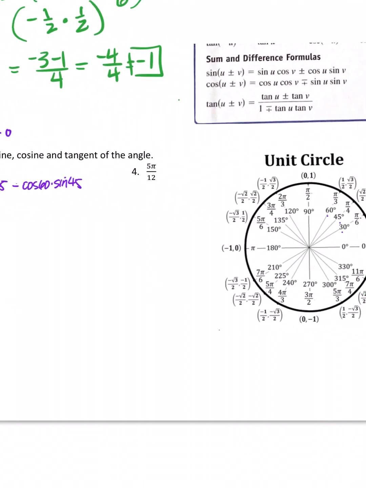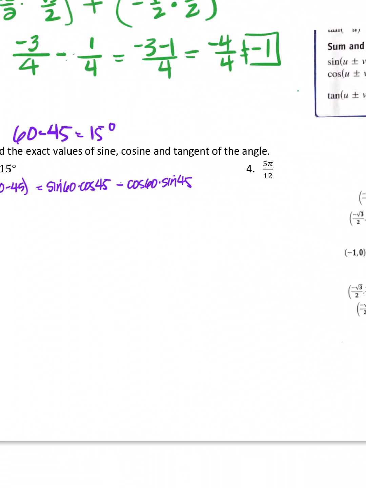So the sine at 60 is square root of 3 over 2 times the cosine at 45, which is positive square root of 2 over 2, minus the cosine at 60, which is 1/2, times the sine at 45, which is square root of 2 over 2. So when I clean that up, I'm going to have the square root of 6 minus the square root of 2, and all the denominators are 4, so there's my answer.